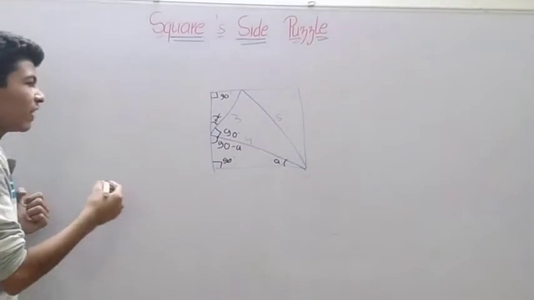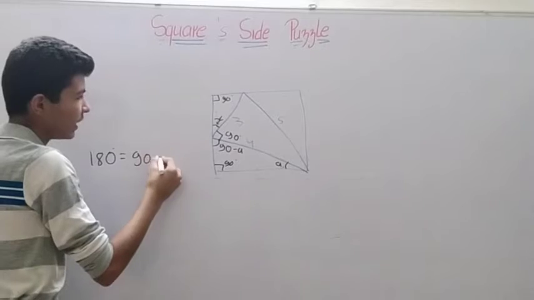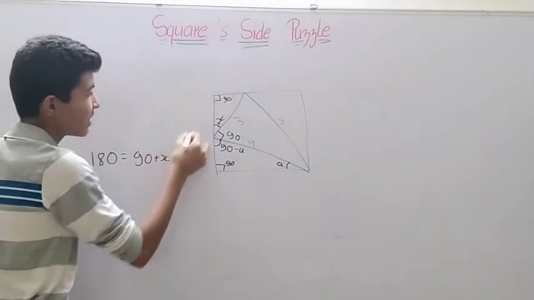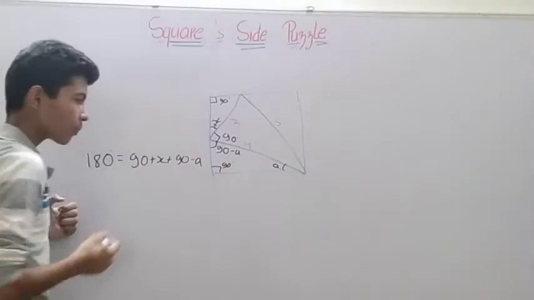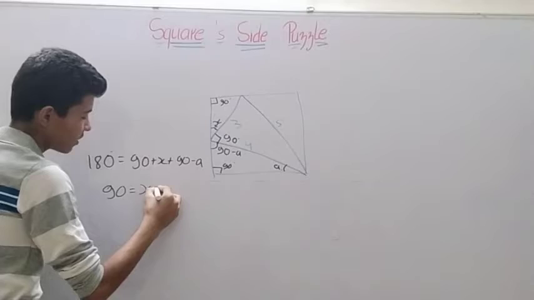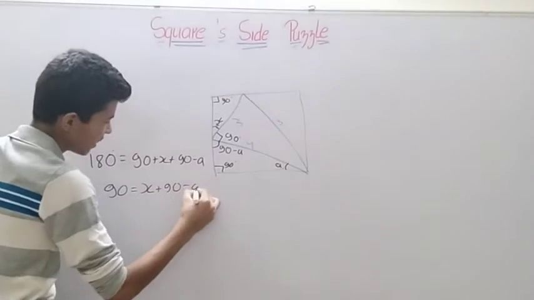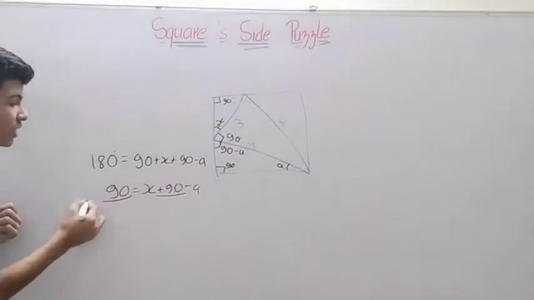So let's find the value of x. We know that 180 is equal to the sum of 90 plus x plus 90 minus A. So we get 90 is equal to x plus 90 minus A.